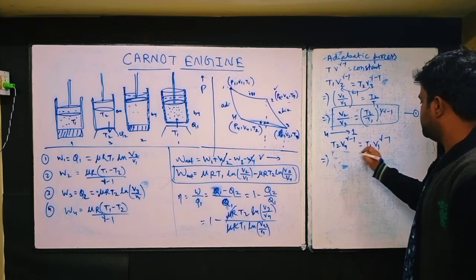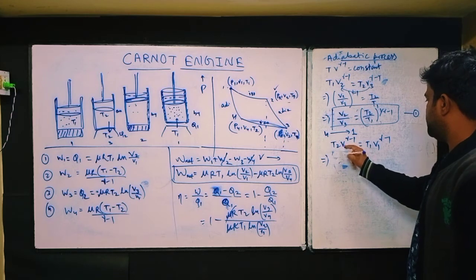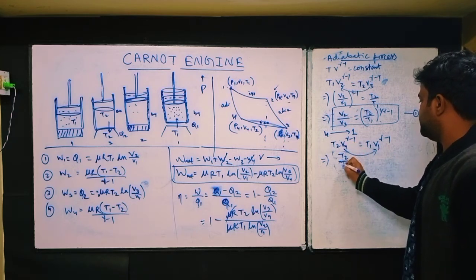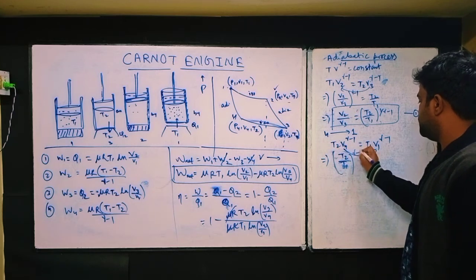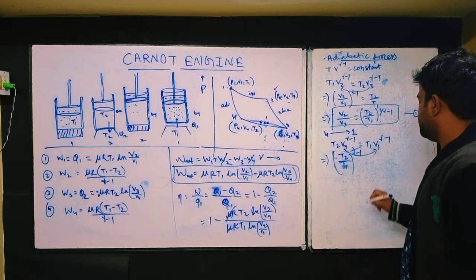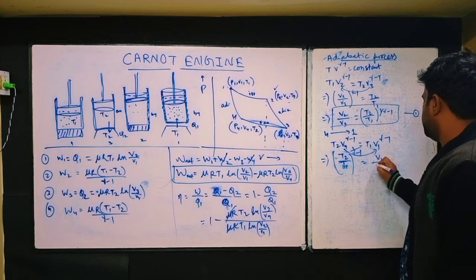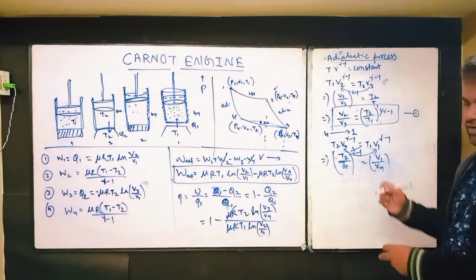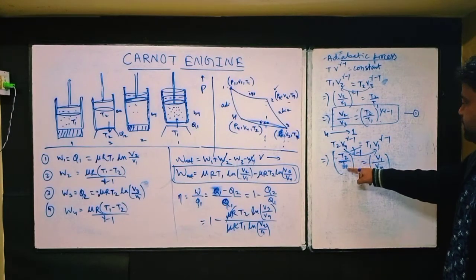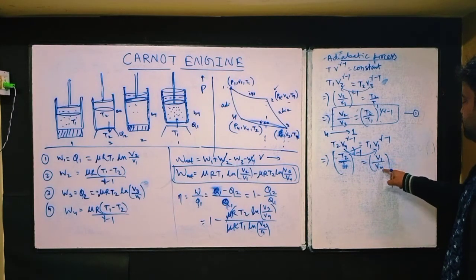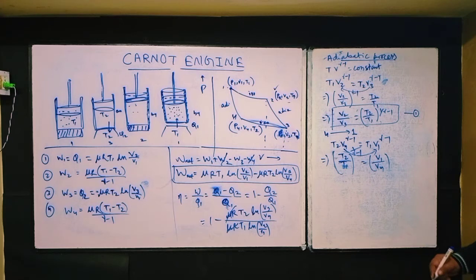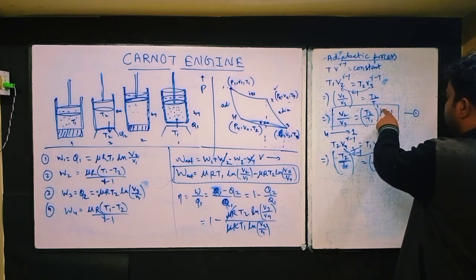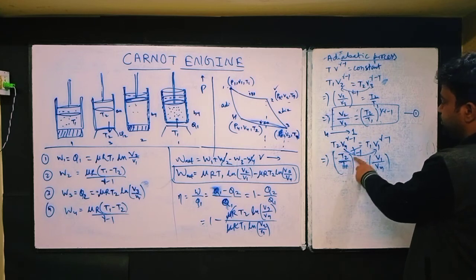I'll divide here. So T2 by T1 whole to the power 1 by gamma minus 1 equals V1 by V4. So directly I did the same thing whatever I have done here. Right. Now here also T2 by T1 to the power 1 upon gamma minus 1, here also T2 by T1 to the power gamma minus 1.